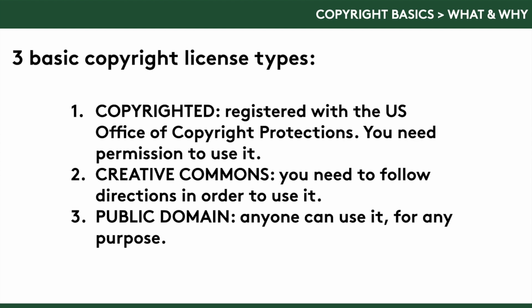And Creative Commons provides specific directions you have to follow in order to use materials. And the third type is public domain. Public domain is a space where everything's available to the public for any purpose. There are no limits on what you can do with something in the public domain.